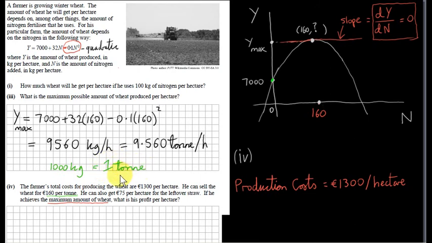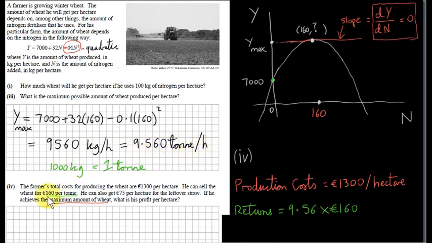So we want to see how many metric tons are in 9,560 kilograms. This is the yield of wheat. This is the maximum yield of wheat, and we're assuming that he achieves this maximum amount of wheat. So we have 9,560 kilograms divided by 1,000 gives 9.56 tons per hectare.